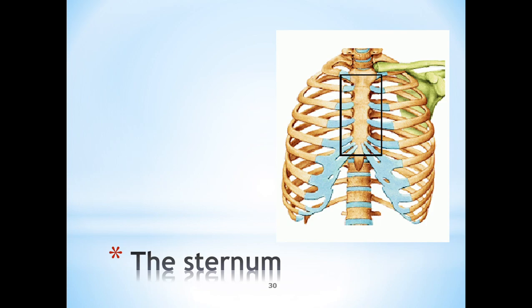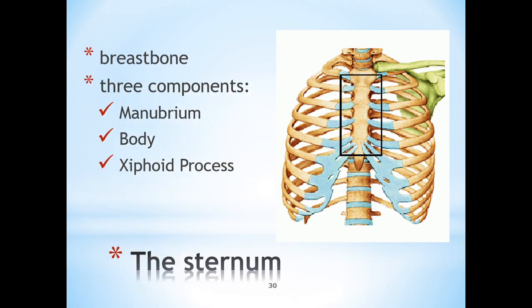So we have here the sternum. This sternum is also known as the breastbone. There are 3 components of the sternum. We have your manubrium, the body. This is the manubrium. Ito yung visible part sa mga payat. Parang prominent sila.